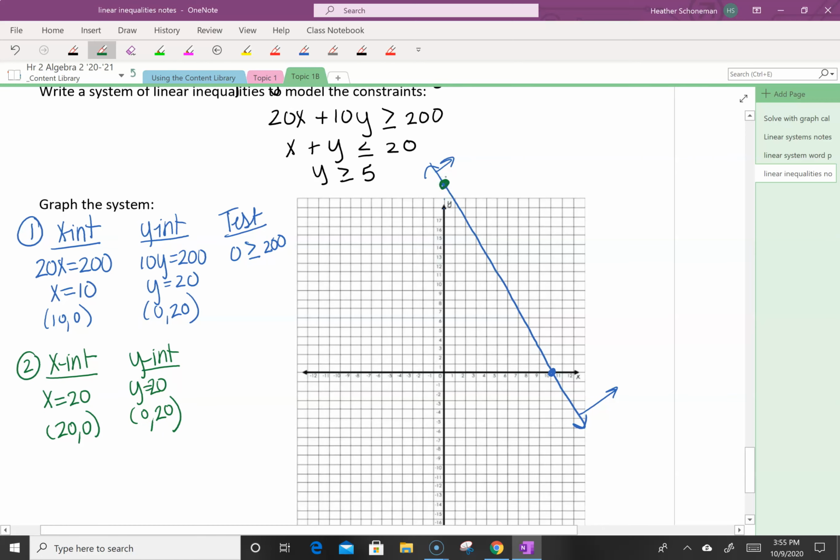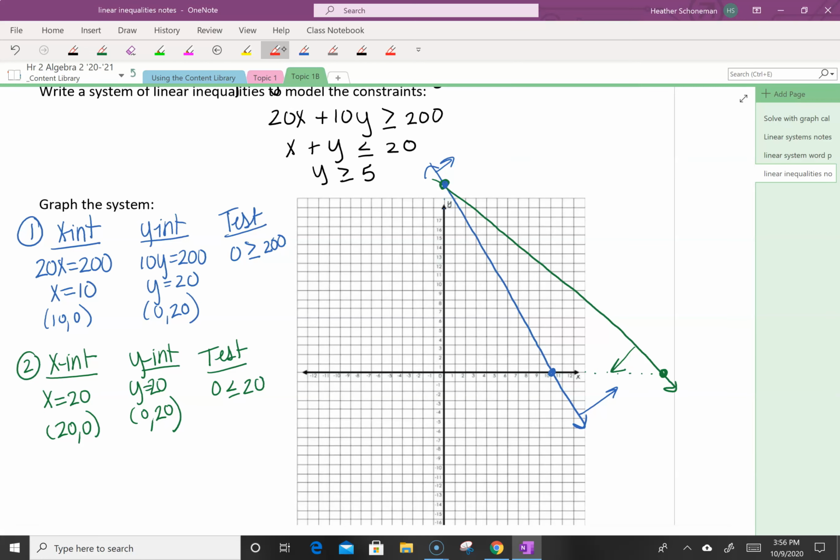But 20, 0, that's not on my graph either. We're just going to fake it. 13, 14, 15, 16, 17, 18, 19, 20. About here looks good. Connect my 2 points. Now when I go to test it, 0 plus 0 is 0, so I get 0 is less than or equal to 20. Definitely. So I need to shade towards the center because 0, 0 is my center.